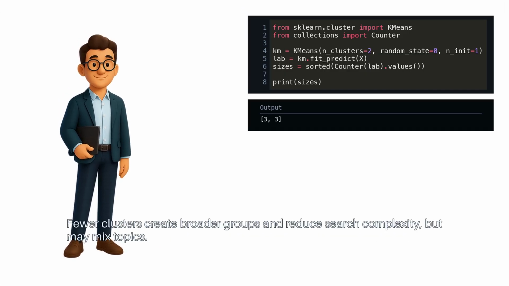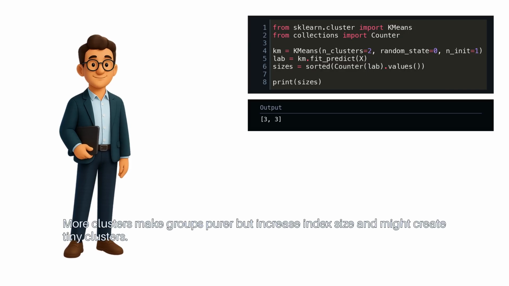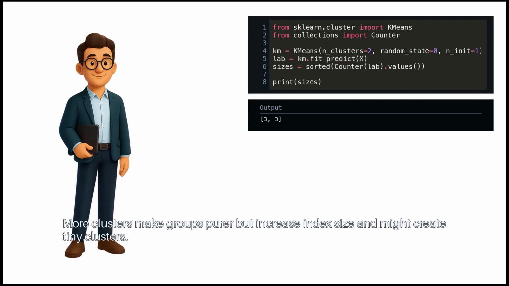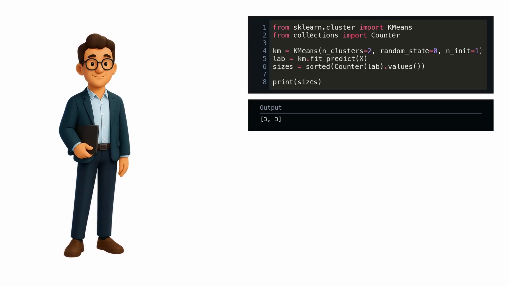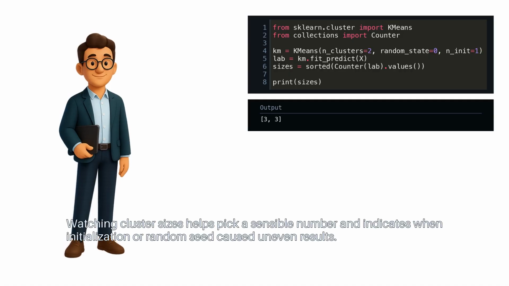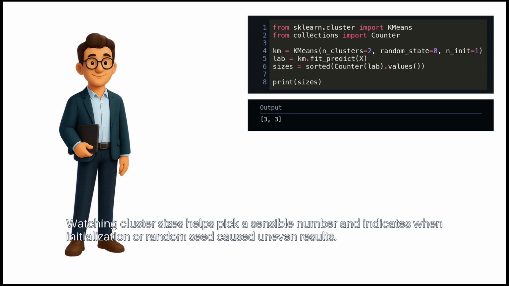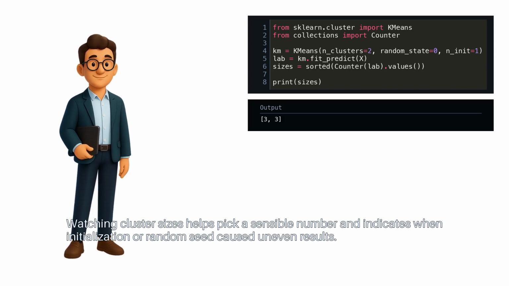Fewer clusters create broader groups and reduce search complexity, but may mix topics. More clusters make groups purer, but increase index size and might create tiny clusters. Watching cluster sizes helps pick a sensible number and indicates when initialization or random seed caused uneven results.